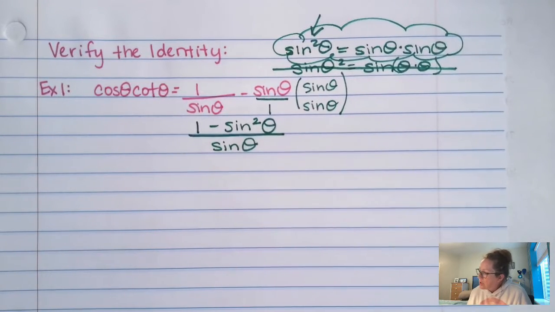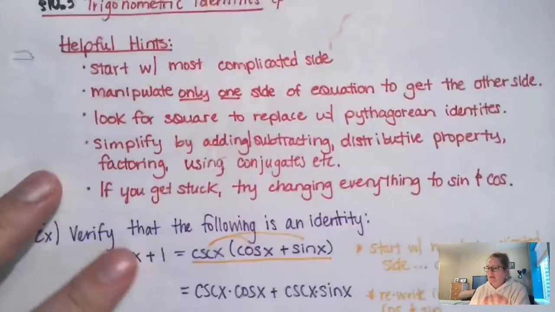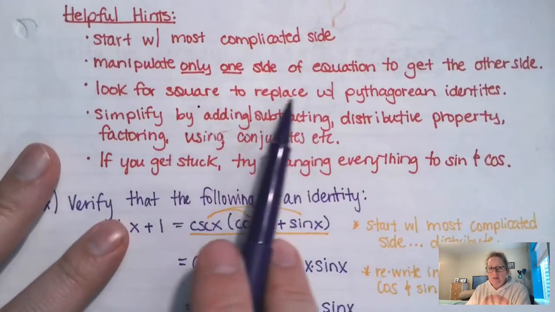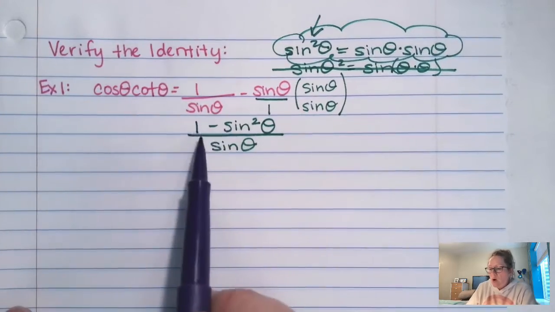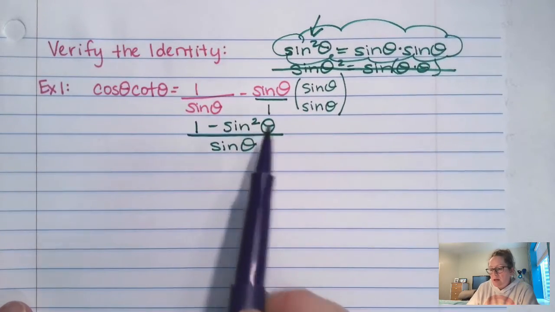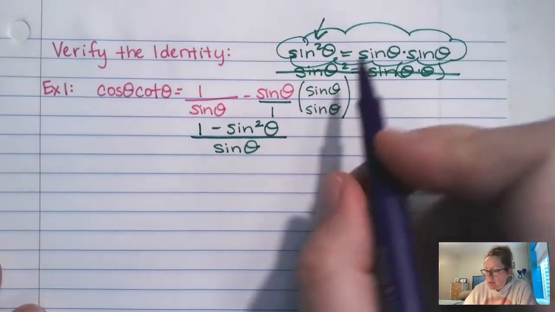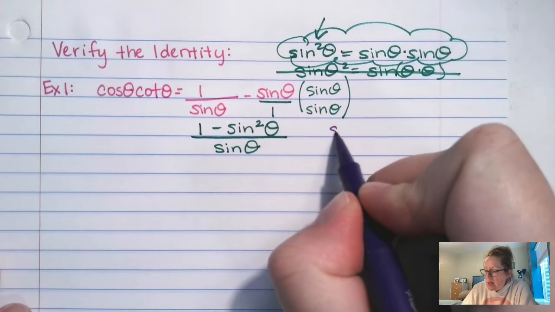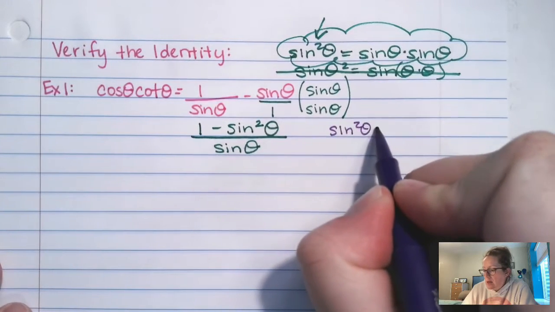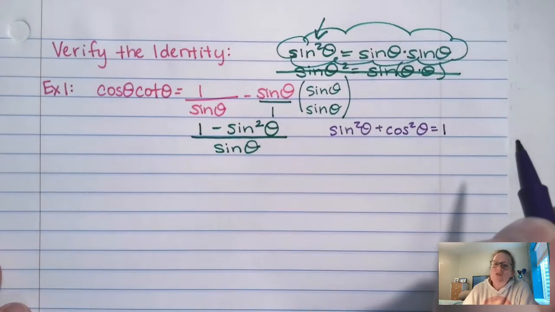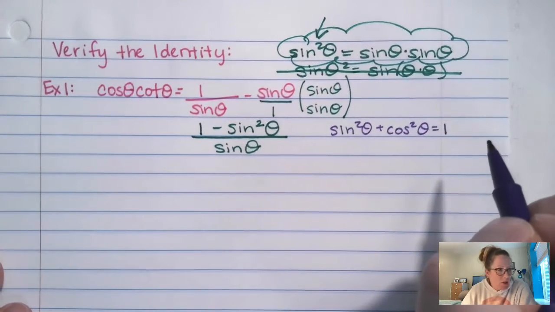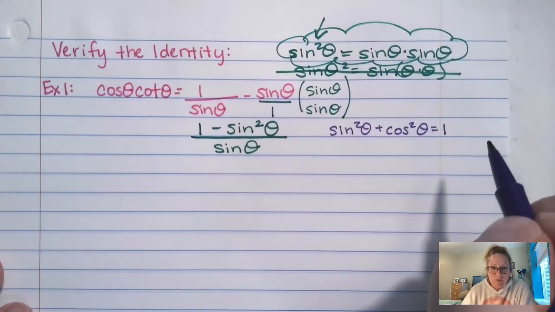Okay, if you look at those helpful hints, it says to look for any squares to be replaced with the Pythagorean identities. So 1 minus sine squared theta. If you look up at the Pythagorean identities on the very top of this lesson, you have sine squared theta plus cosine squared theta equals 1, which is a huge identity. It's where basically the whole unit circle comes from.